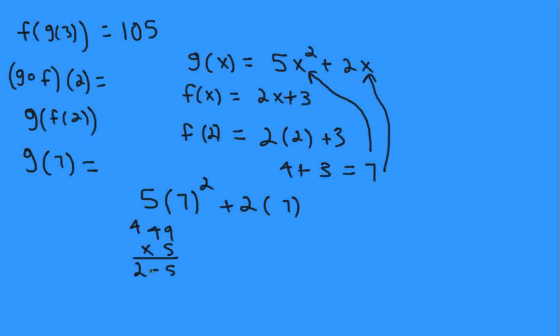We get 245. And we're going to add that to our 14 we get from 2 times 7. So 245 plus 14 equals 259. So that will be g of f of 2.